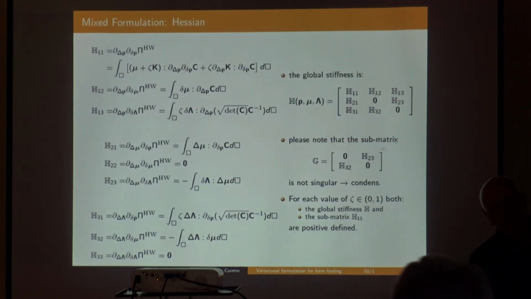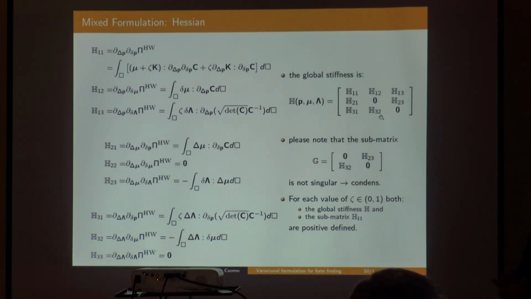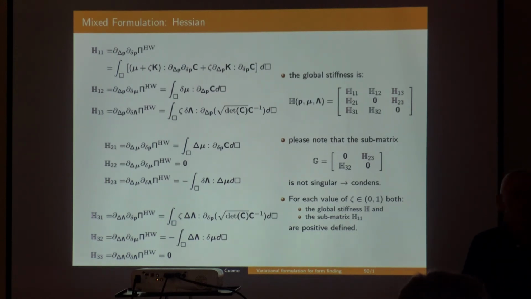Okay, we can do all the variation. First or second variation, the Hessian matrix is this one. Actually, these terms, H23 and H32, are just Gramian matrices. So this part here, the one that concerns the constraints, is invertible. H11 is the second variation with respect to the position. It turns out, I have no proof for this, to be always well definite.